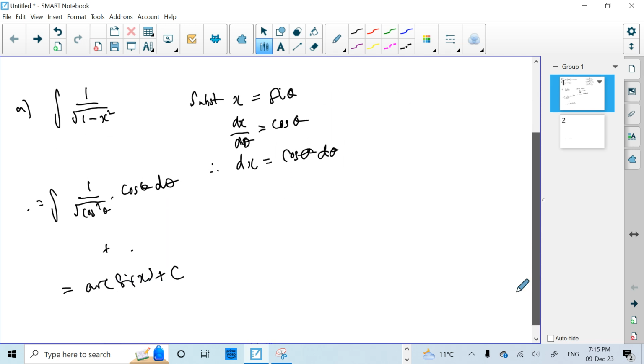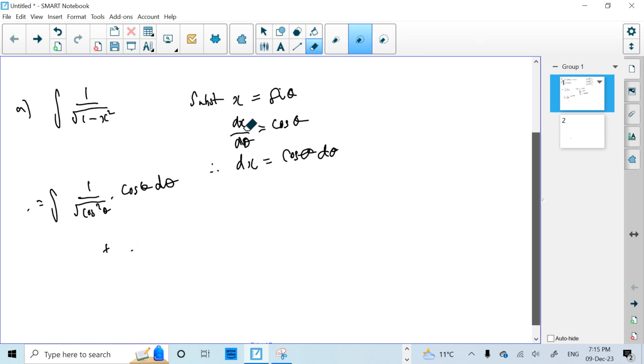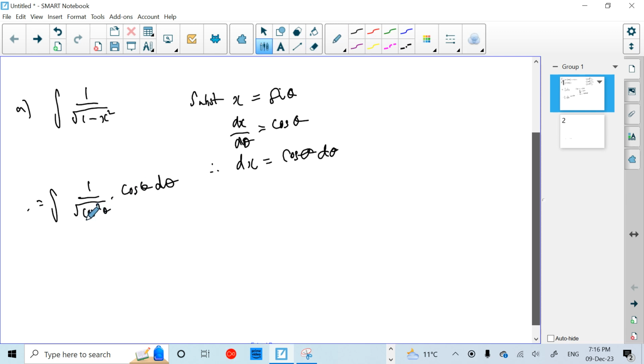Now of course these cancel each other out. That's nice. So I'm left with the integral of 1 d theta. The integral of 1 d theta is equal to just theta plus c.